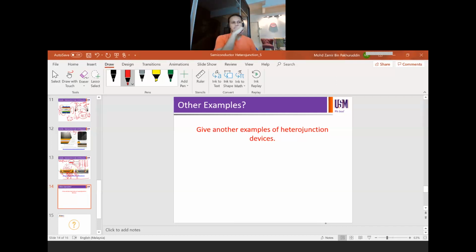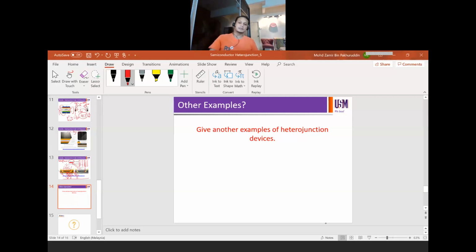Do you have heterojunction in transistors? Is there BJT or FET or CMOS that uses hetero? Anyone? There is. So other than the lasers, there are others that use it, like photo detectors and other stuff. So we'll see next week when we discuss your presentation.